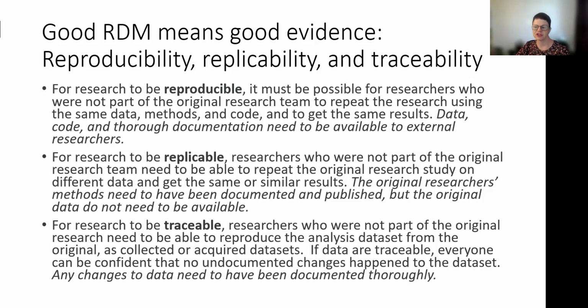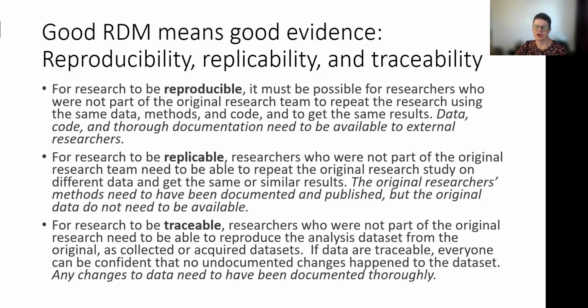The original researchers' methods need to have been documented and published, but the original data do not need to be available. So in cases where research data can't be shared, research can still be replicable as long as people have kept track of and published really, really detailed methodology.